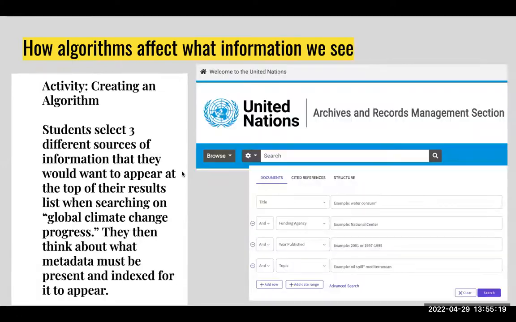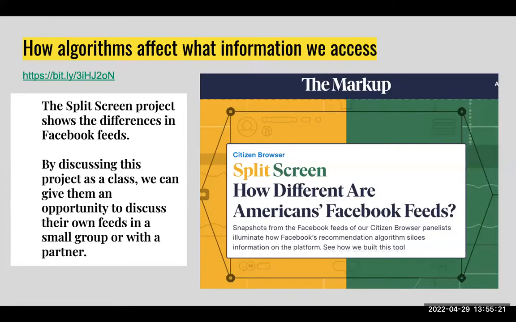So after doing that activity, I tend to ask them to think about how this affects their own TikTok feeds or Instagram feeds.